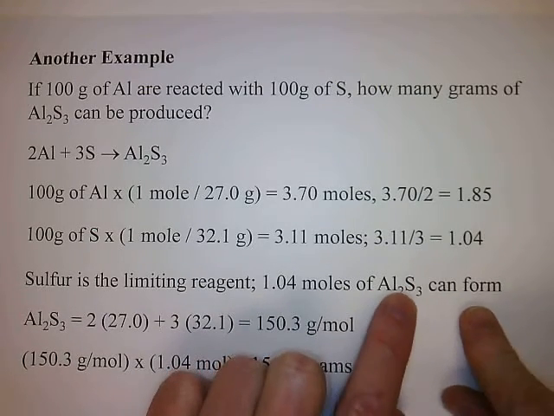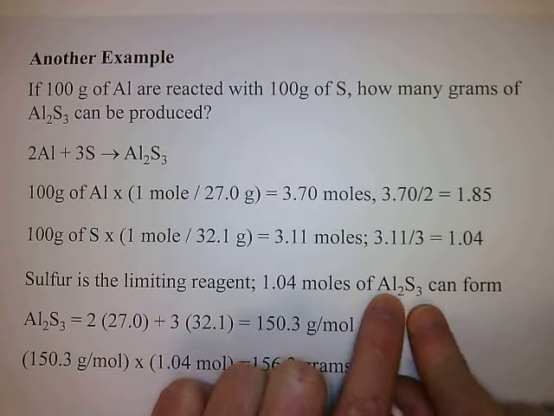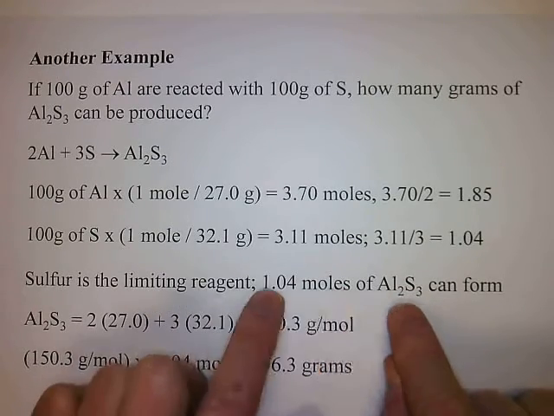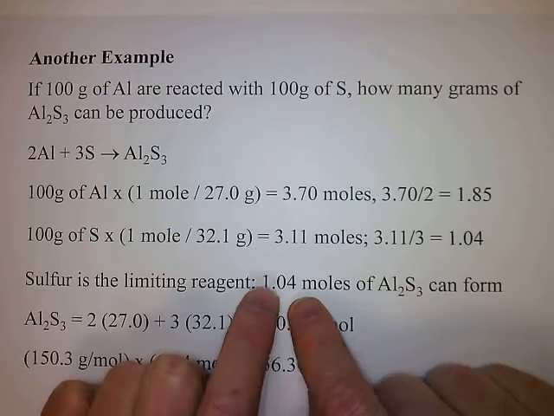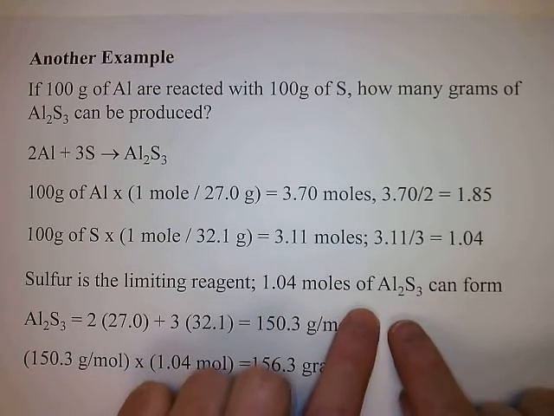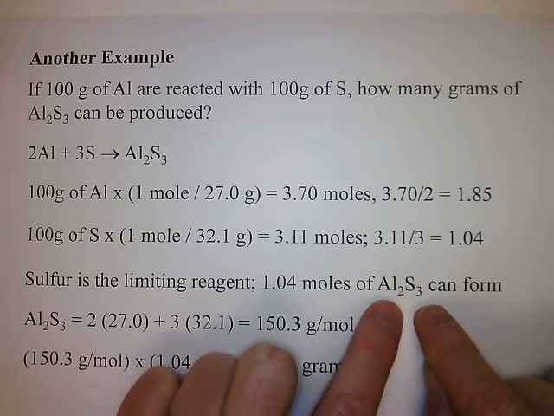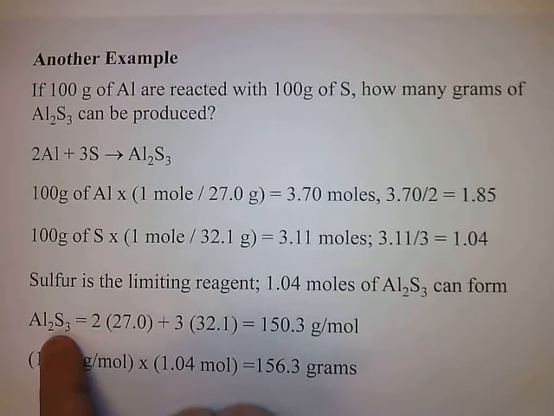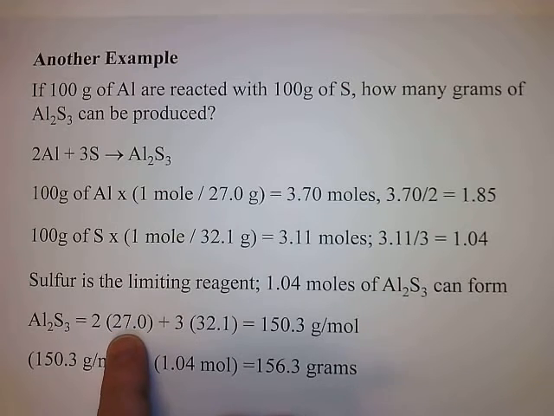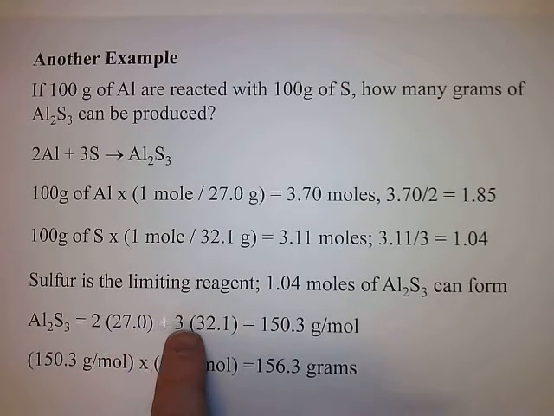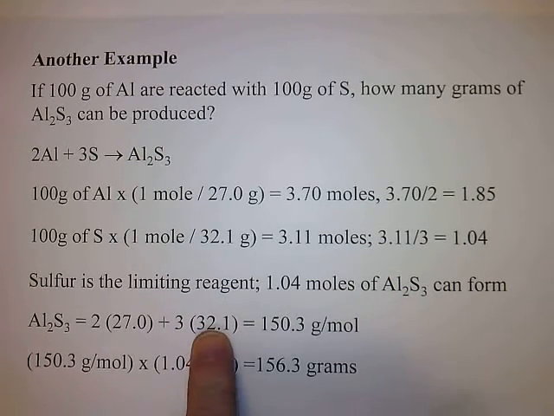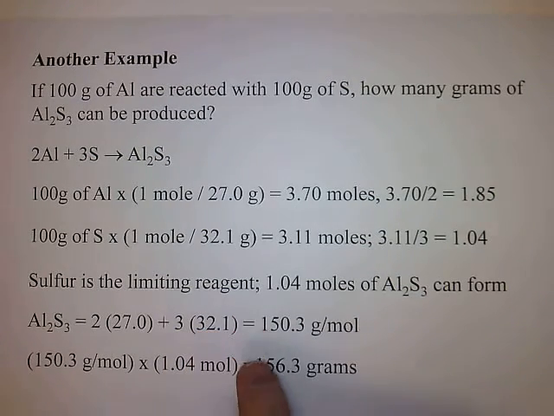So you know where to go from here, correct? We have to figure out the mass of 1.04 moles of aluminum sulfide. We first figure out the molar mass of aluminum sulfide: 2 times 27 plus 3 times 32.1 comes out to be 150.3 grams per mole.